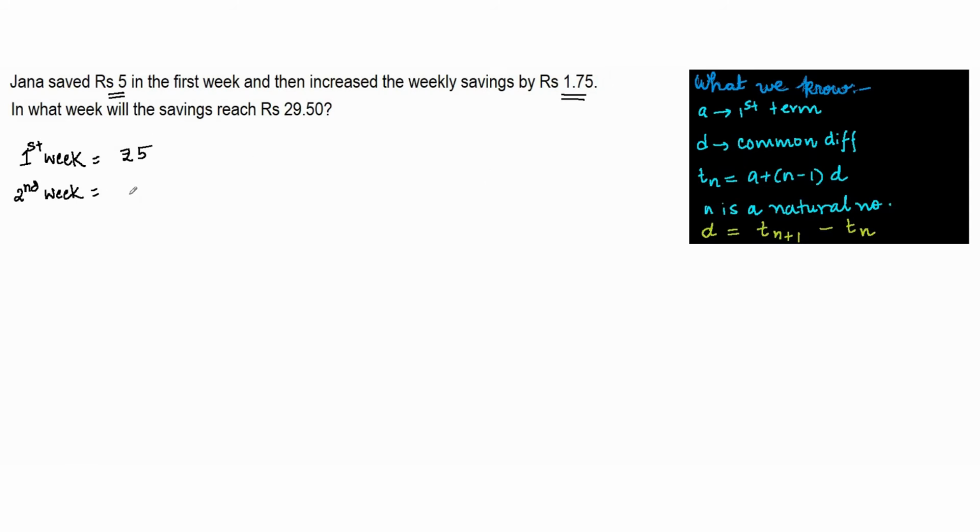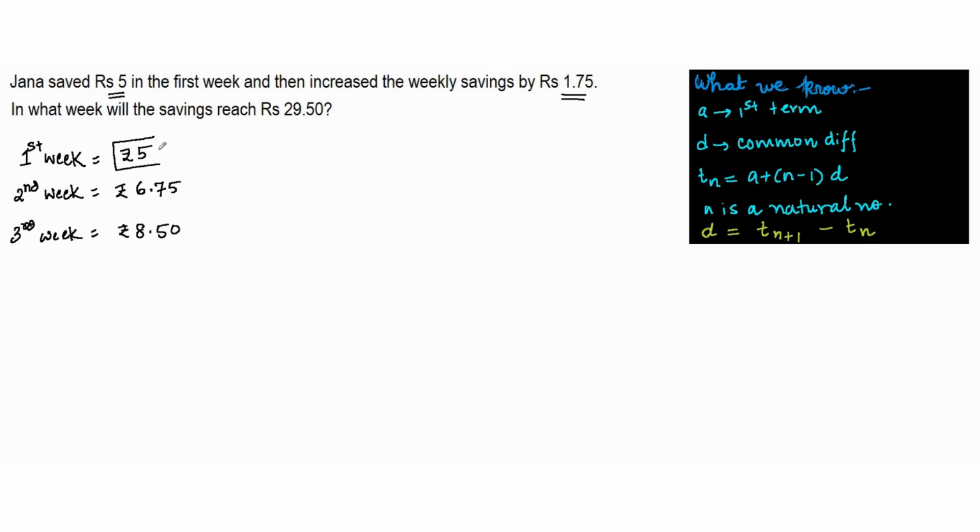That means the saving was 5 plus 1.75, that is rupees 6.75. In the third week, the saving of the second week was increased by 1.75, that is it becomes rupees 8.50.